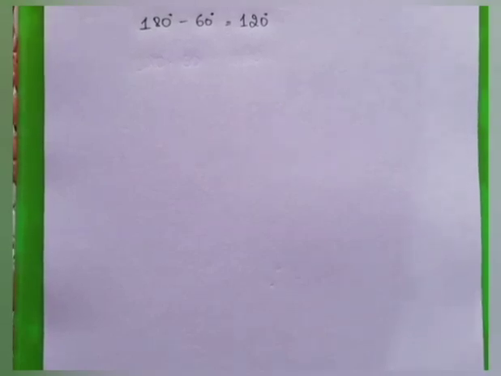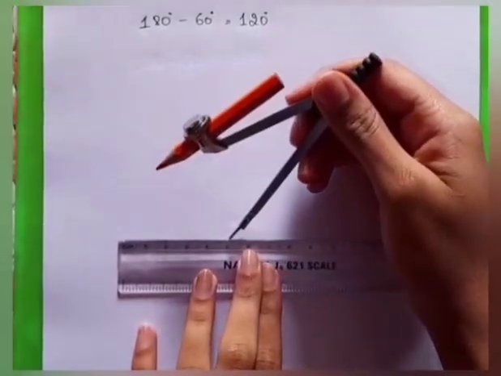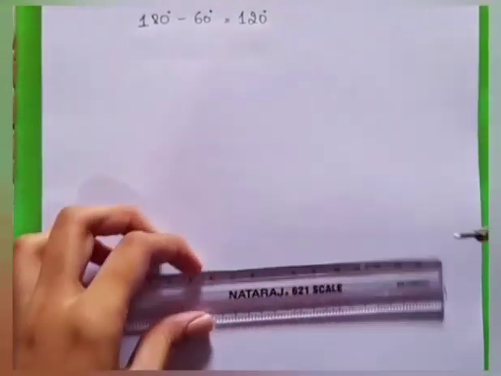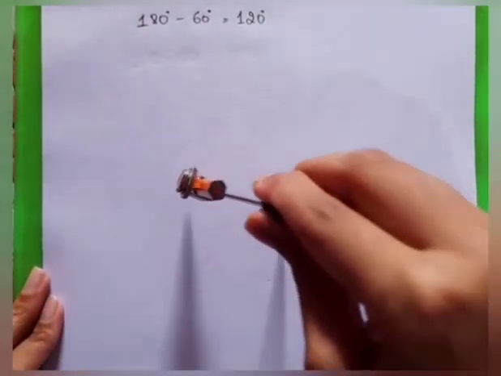Now we need to draw a circle of radius 5 cm. Take the compass, measure 5 cm and draw a circle.